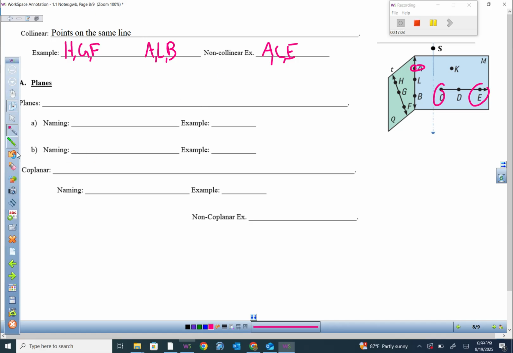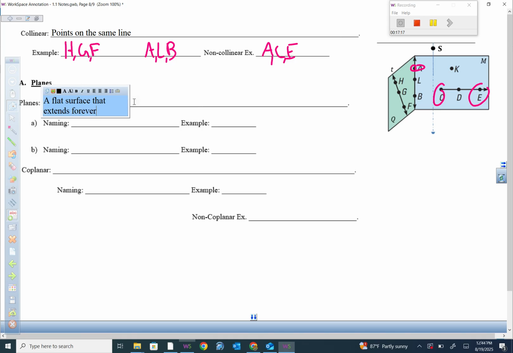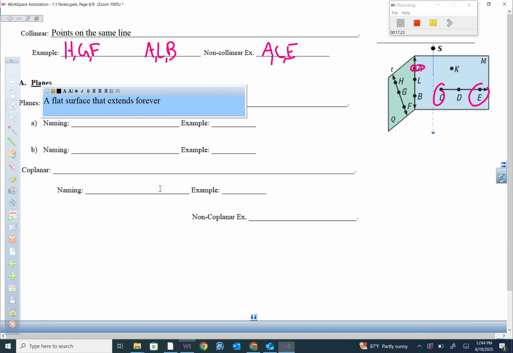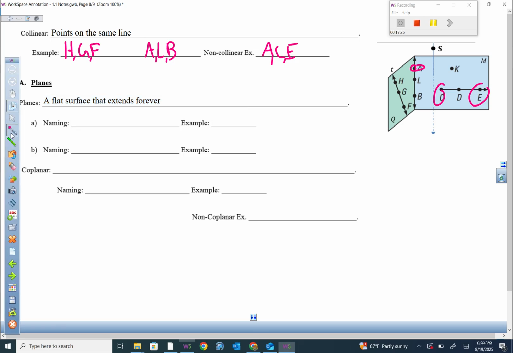Alright, let's talk about planes now. So planes are two-dimensional. It is a flat surface that extends forever. Okay? It's a flat surface that extends forever. So, naming a plane. There are two ways to name a plane. Capital cursive letter in the corner.